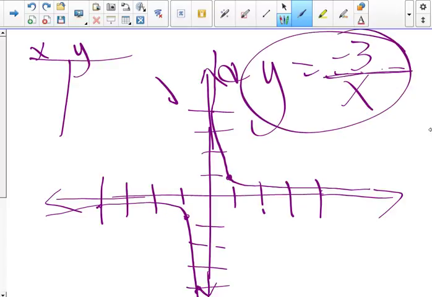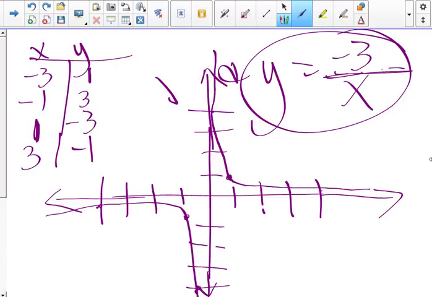If I have x equal to negative 3, I'm going to have y a positive 1. If I have negative 1 for x, I'm going to have a positive 3. And realize I can't use 0 for x because it gives me an undefined number. That's why we never touch the y-axis. If x is 1, we've got negative 3, and if x is 3, I'm going to have negative 1. So there are some points that will help me quickly graph this.